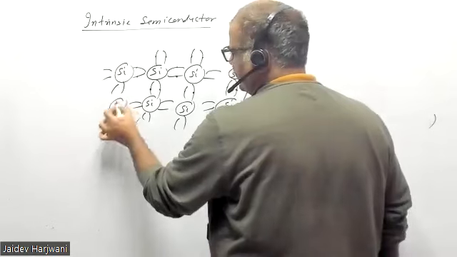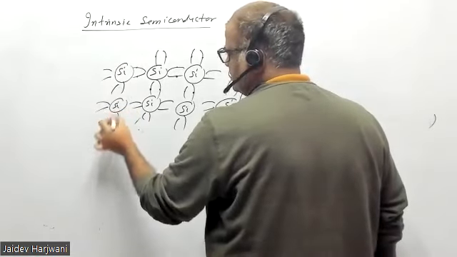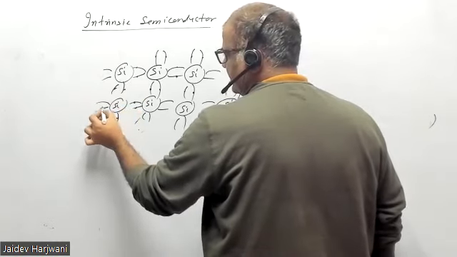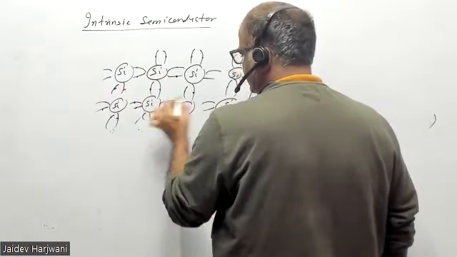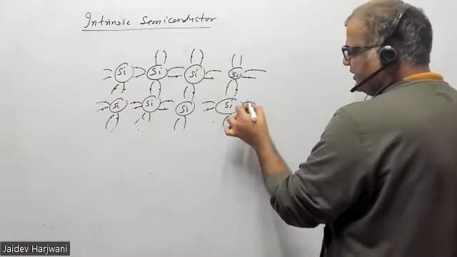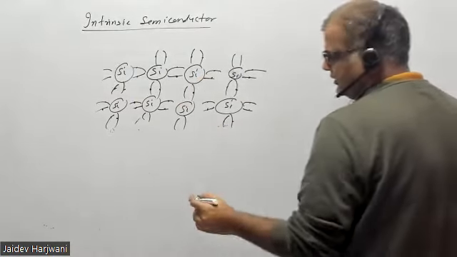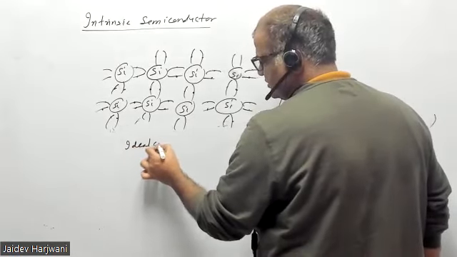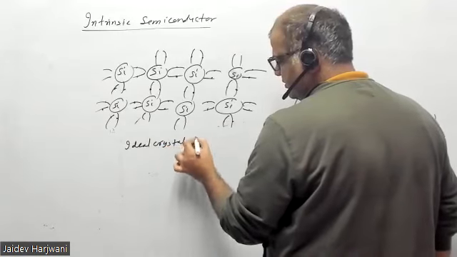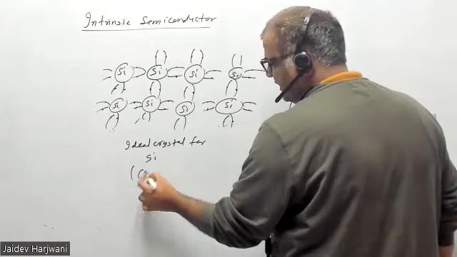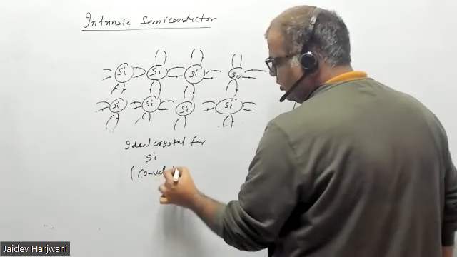Let me make one more here also. These silicon atoms are connected with covalent bonding. So this is the ideal crystal of silicon, and they have covalent bonds.